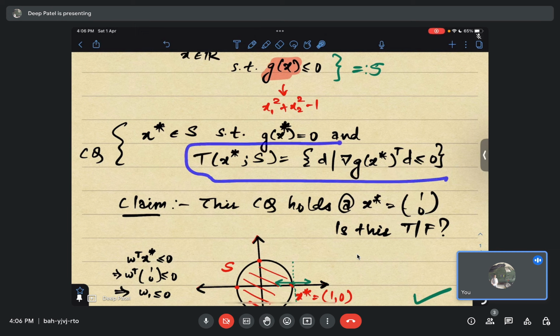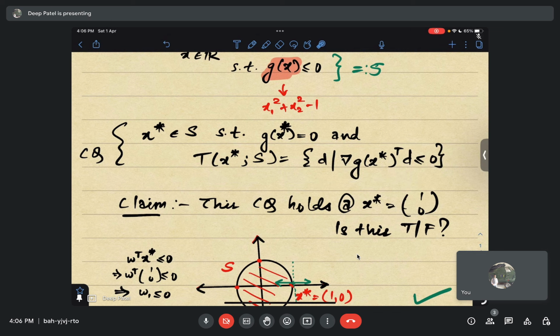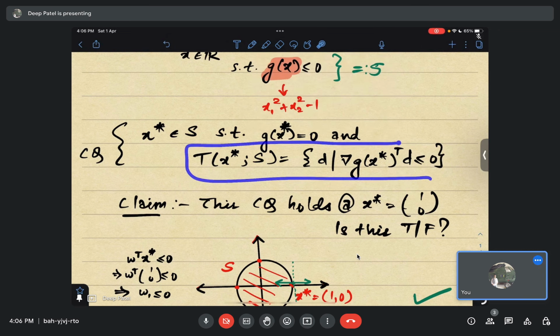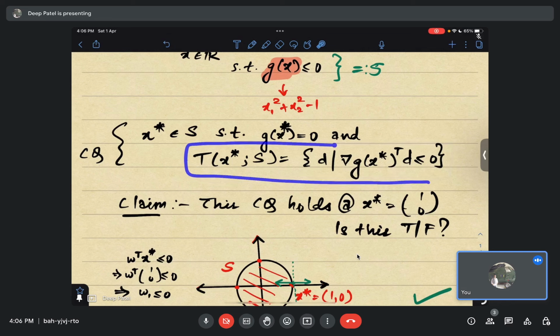I'm just saying it's a sufficient condition for this to hold. So what you said, the linearly independent constraint qualification, is one way to ensure this. I'm sorry if I was not clear earlier.